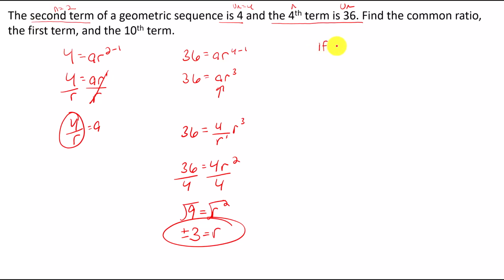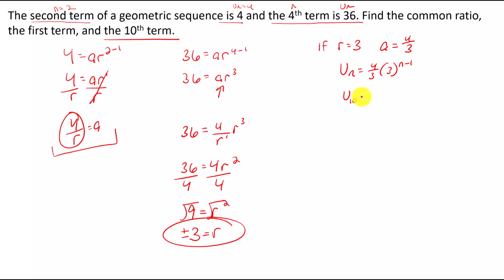We're going to say if r equals positive 3, then a equals, and I'm going to plug it in here. So this is what I'm going to use to find a: 4 over my r, which is 3. So if r is positive 3, a is 4 over 3. And using that, I can write a rule, u sub n equals 4/3 times r to the n minus 1, and I can find the 10th term, which is the other thing that we're asked to do.